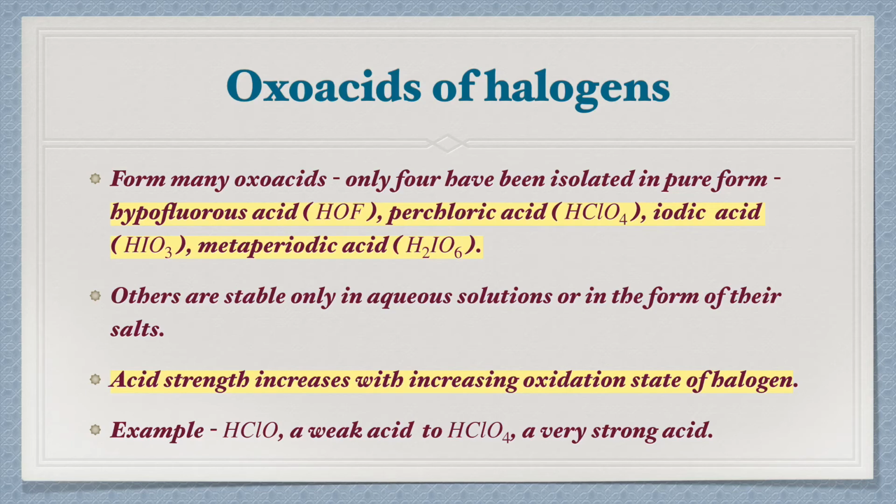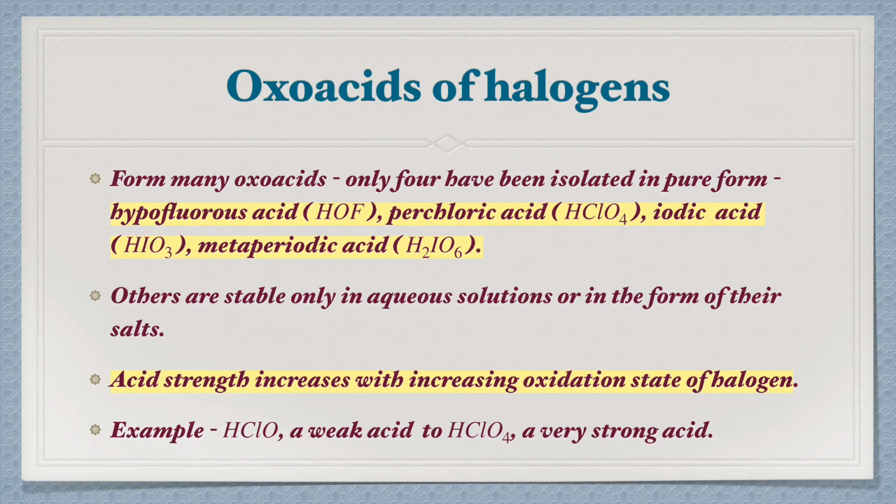Now others are stable only in aqueous solution or in the form of their salts. Now to talk about the acidic strength of halogens, acidic strength increases with increasing oxidation state of halogens. One example is given: HClO is a weak acid and HClO4 is a very strong acid.